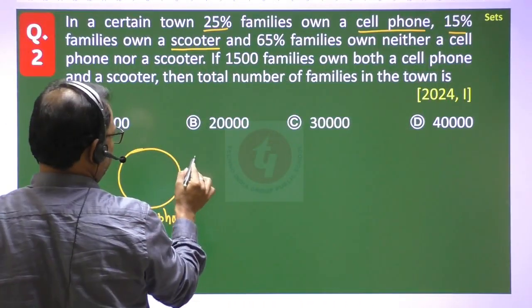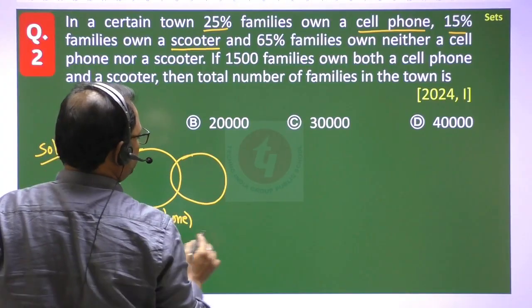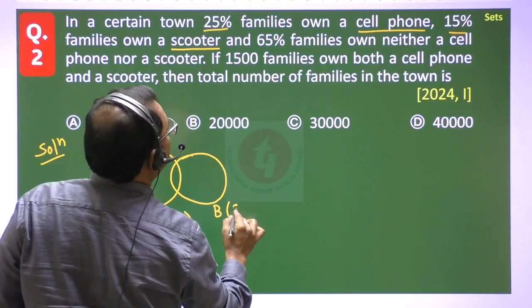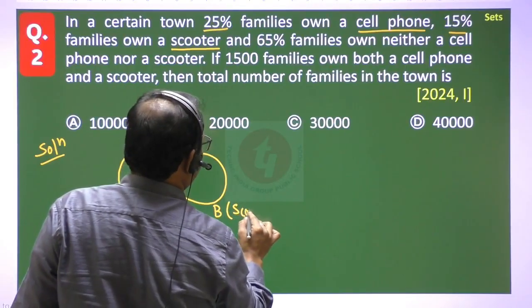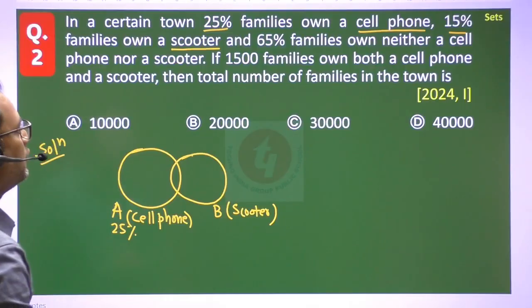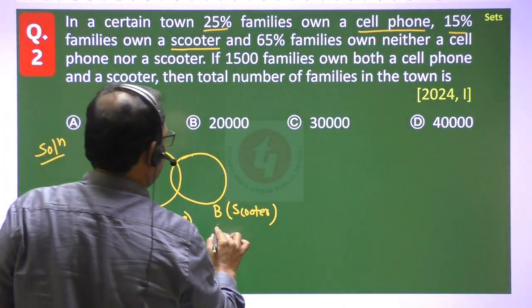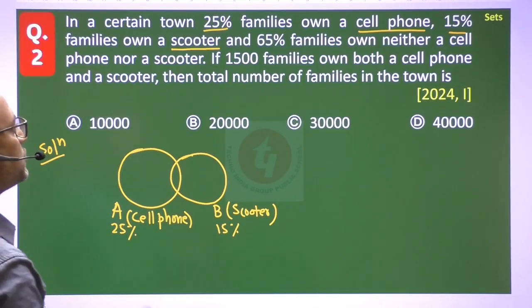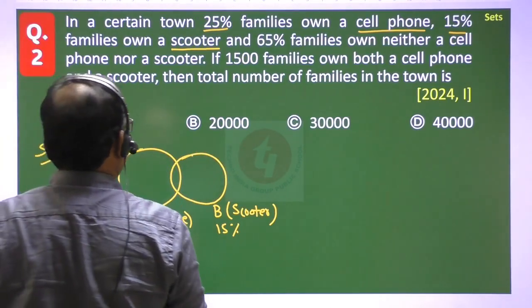Take another set like this one, for the scooter. I call this set B. For the scooter there are 15%. And 65% of families own neither a cell phone nor a scooter.